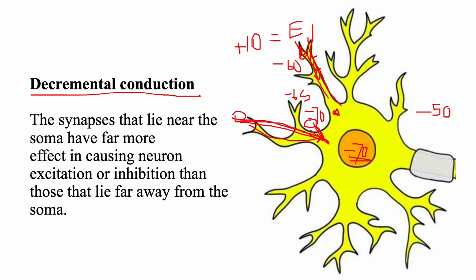The strength of the excitatory signals will decrease as we are going toward the soma. However, if this excitatory signal was here, the effects could be higher. It depends also on the other signals coming all the way here, whether they are excitatory or inhibitory, and what is the value of each one of them.